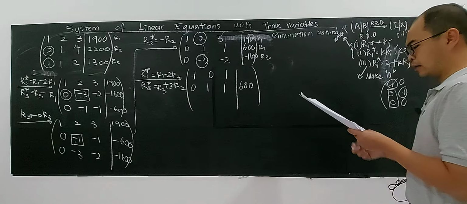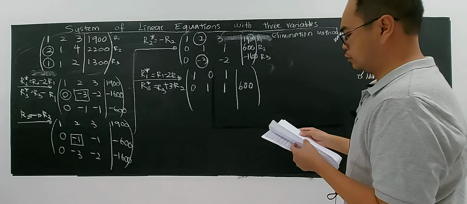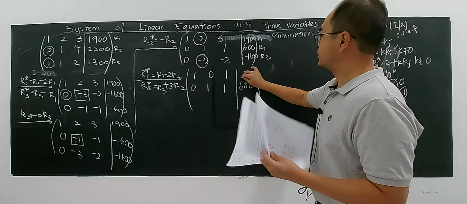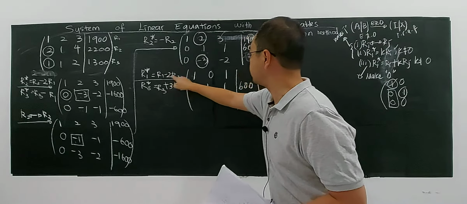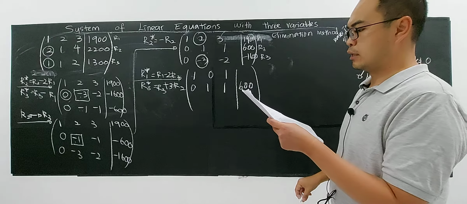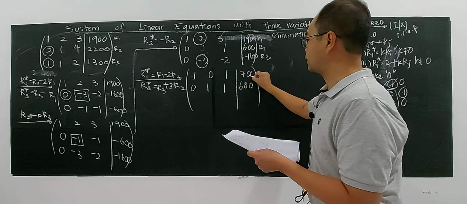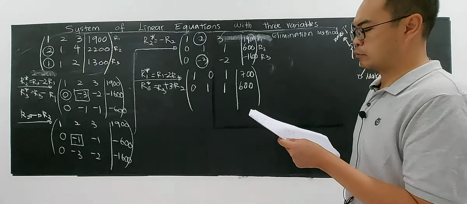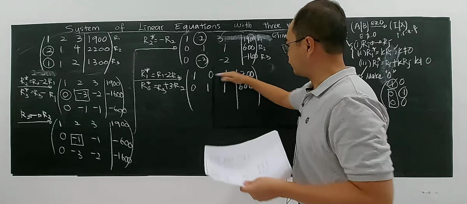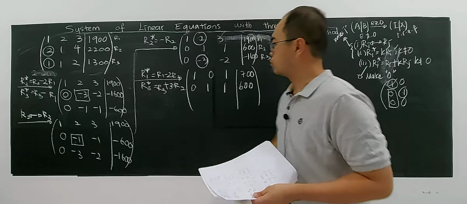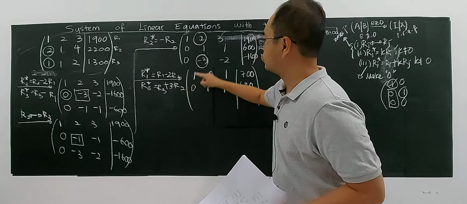You have 1. So now let's move on. This one is minus 1900. You put in minus 2 times 600. From my value here, I will get 700. You can double check your solution with my solution. Now if done for the first row, go for the third row. So the third row will be row 3 plus 3 row 2.